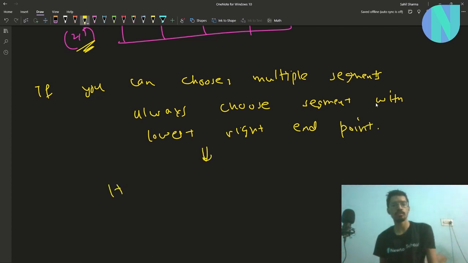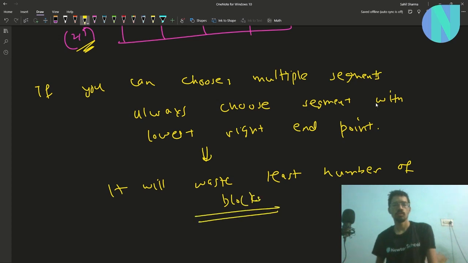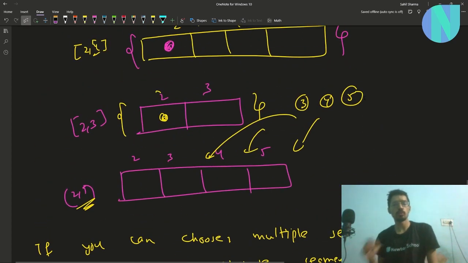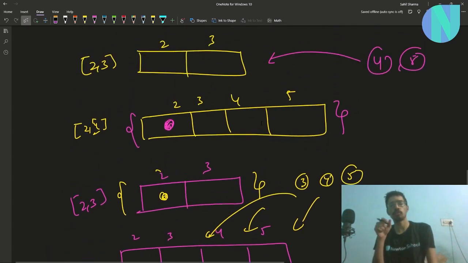Because it will waste the least number of blocks. So in 2,3 and 2,5, you should choose the 2,3 block, because it will help you in the future if you get a 4 or a 5. But if you fill the 2,5 block first, and in the future you get a 4 or a 5, it will create problems, right?